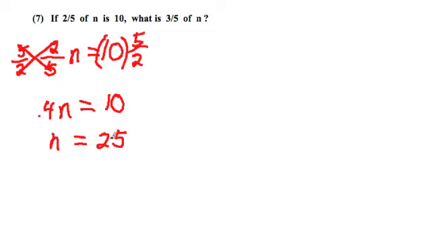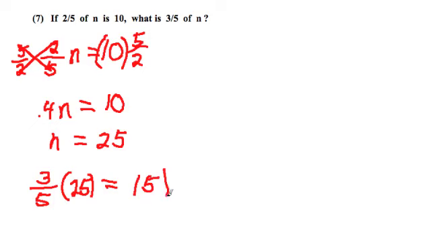Okay, so now we have n, now 3/5 of n, so 3/5 of 25. 5 goes in 5 times, 3 times 5 is 15. Another way of thinking about these is as a proportion.